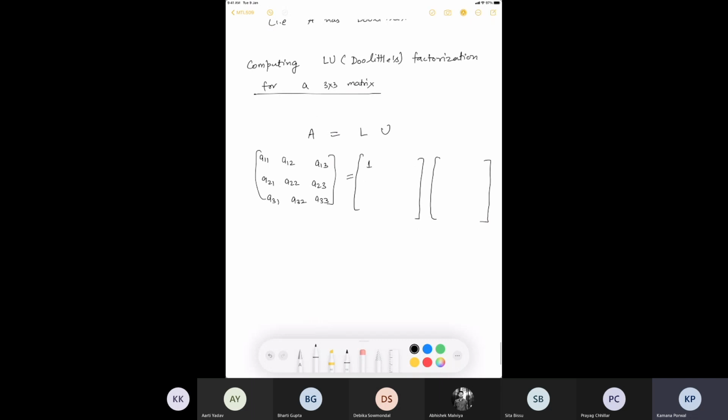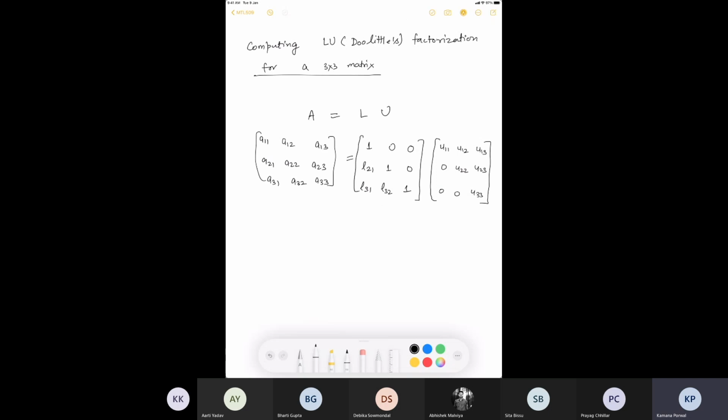This lower triangular matrix is 1, 0, 0, L21, 1, 0, L31, L32, 1. And the upper triangular matrix is U11, U12, U13, 0, U22, U23, 0, 0, U33. Knowing the AIJs, we want to find the LIJs and the UIJs.